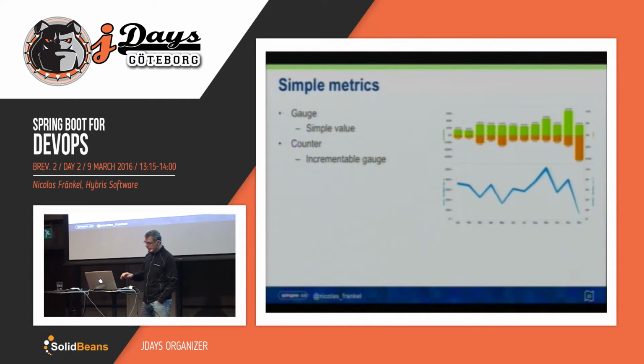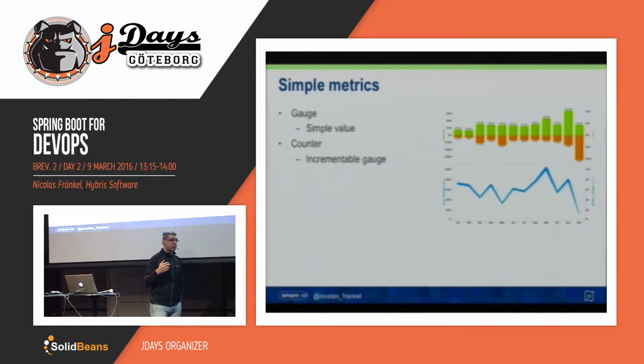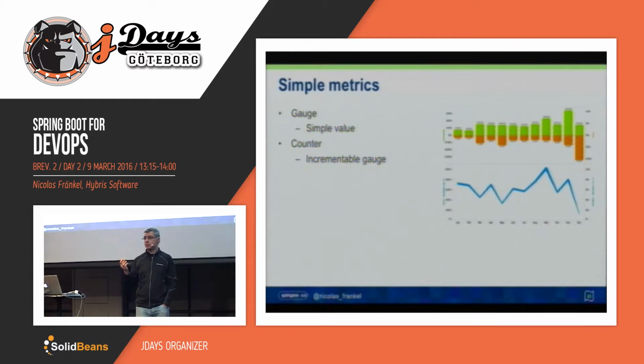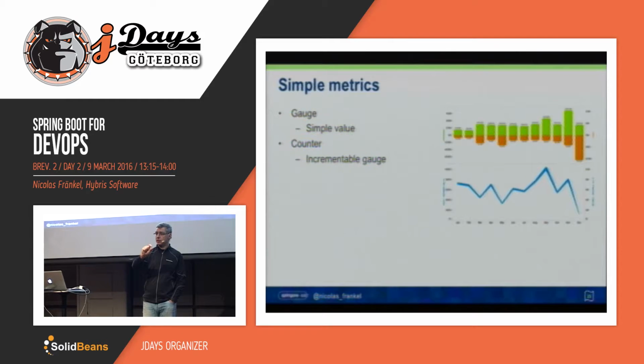For the model, let's just talk about two simple metrics. Gauge, and a gauge is a simple value. For example, a good example of a gauge is the page response time. So you load the page, check the value, reload the page, check the value. Those are gauges, and you might have a nice graph.